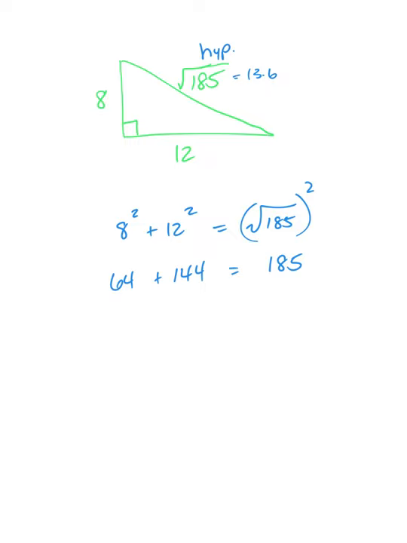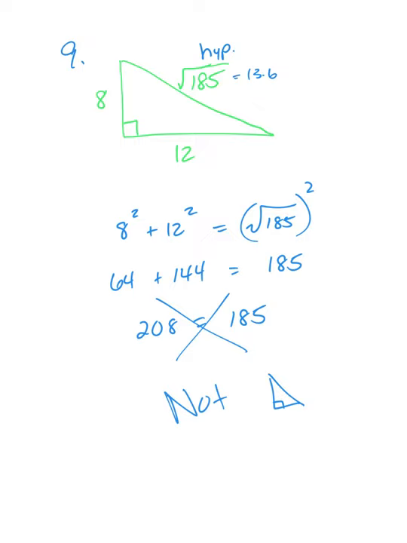Everybody see what I got? So if it's 208 equals 185, is that a true statement? No. So it's not a right triangle, okay? If the answer was yes, it would have been 185 equals 185. 208 equals 185 is a big no, because they don't equal each other, okay? So that's why they don't mark it, because it's really not right. You understand what I'm saying?